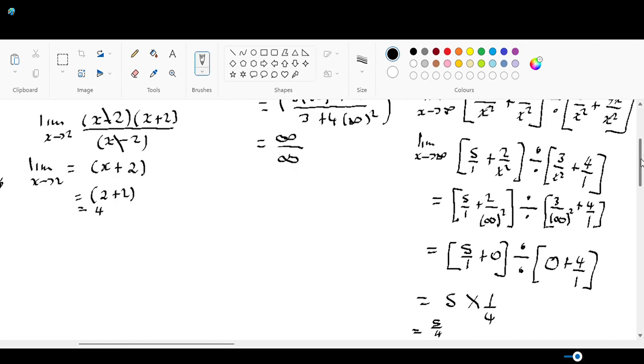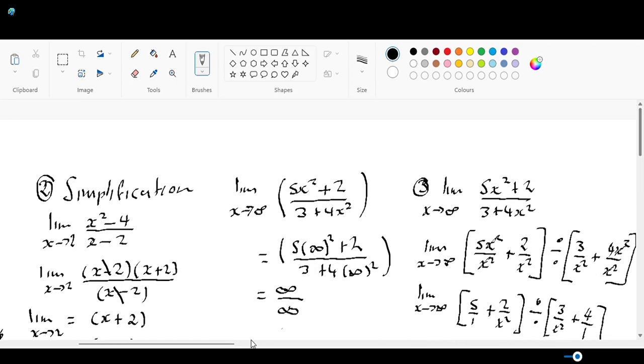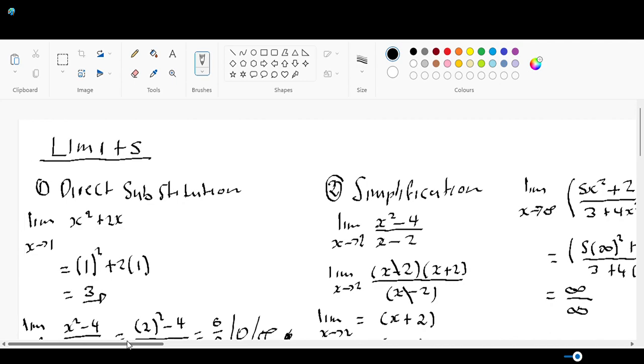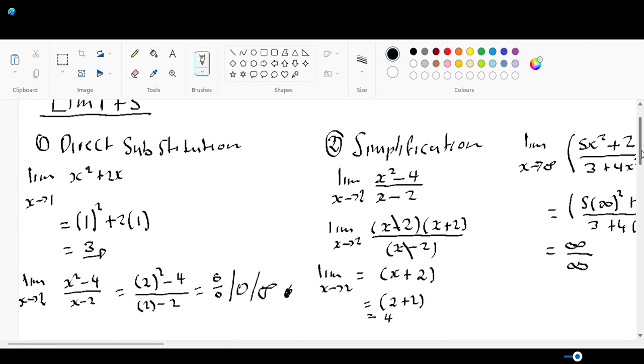So let's go back and recap, guys. First, when you are given a function or a limit, you do a direct substitution, and if you're able to find an answer just like this one here, which is 3, then that is correct. If you do direct substitution for this one, and it gives you 0 or infinity, it means you have to do the second step, which is simplification.